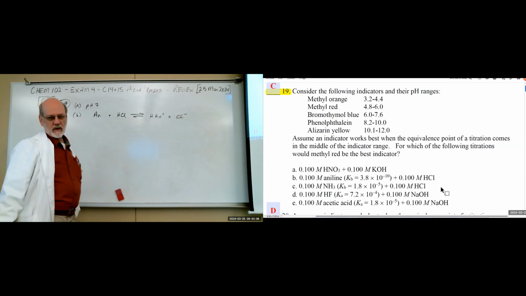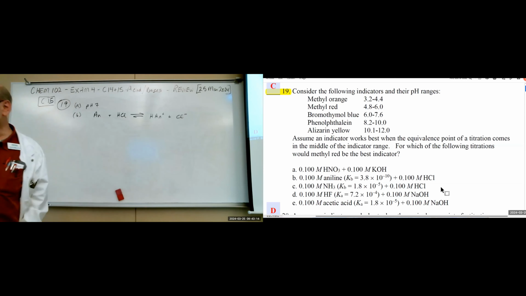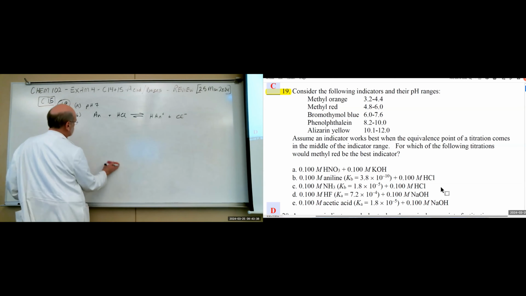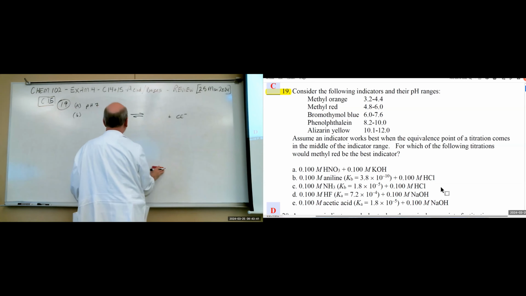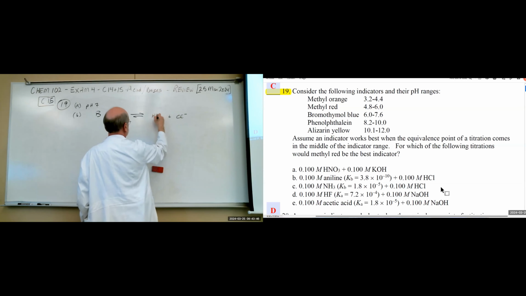So the Kb for aniline is, let's see, am I approaching this right? Oh, here we go. All right. So your work problems approach this just calls aniline B. And then we get HB plus.